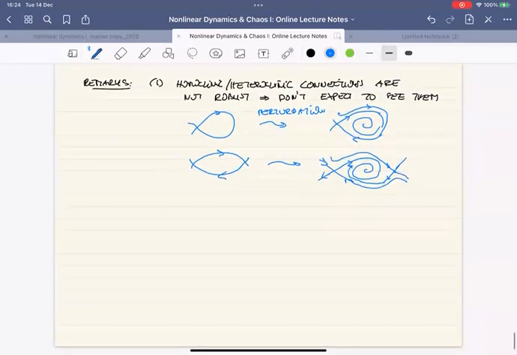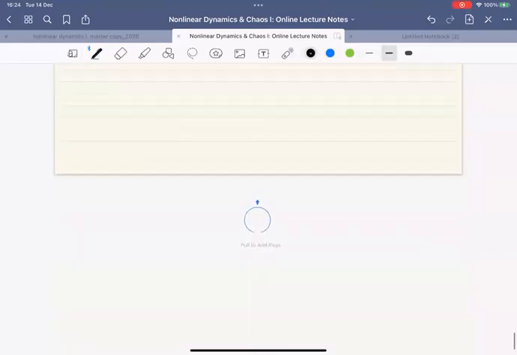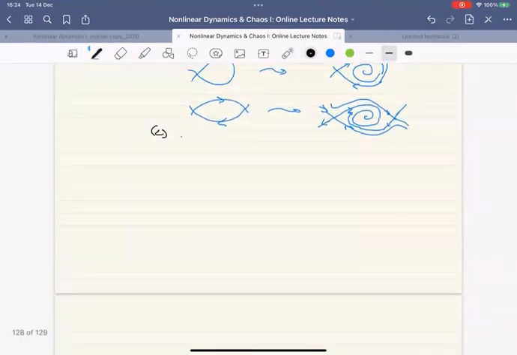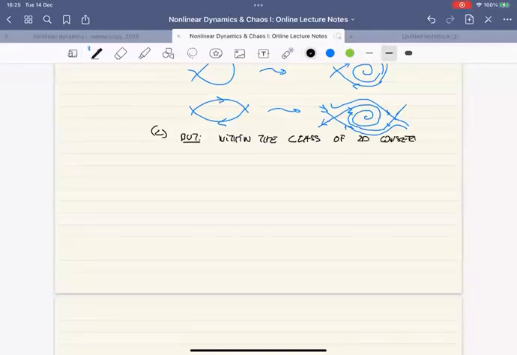Okay. However, within the class of conservative systems, it's a bit of a different story. Within the class of autonomous planar systems, because we're still talking about 2D systems, so systems that have a conserved quantity, homoclinic orbits are structurally stable.